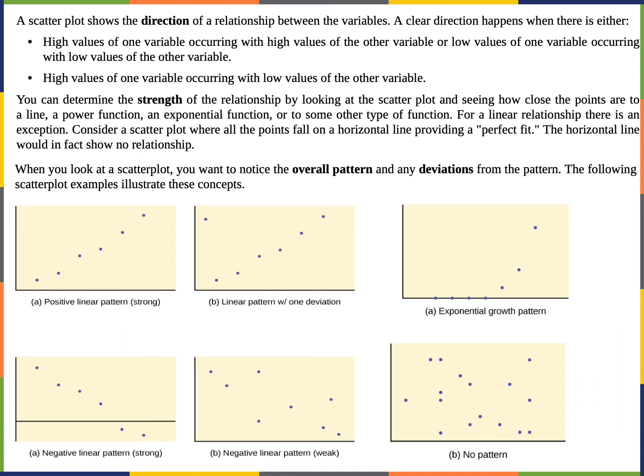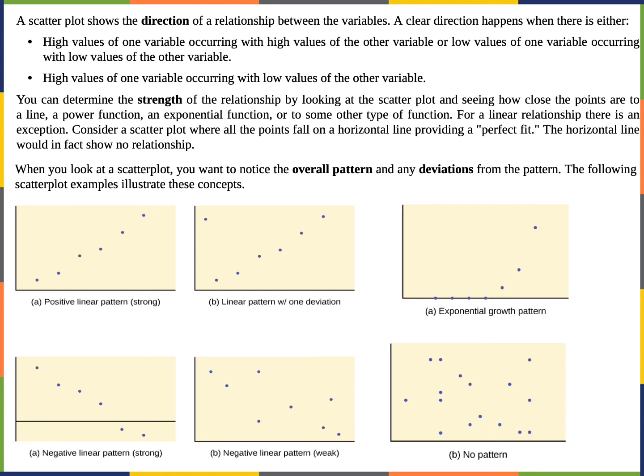Now, we can determine the strength of a relationship by looking at the scatter plot itself and seeing how close the points are to either a line, a power function, an exponential function, or some other type of function. In this chapter, we're focusing mostly on lines, but all this other stuff is possible, and in fact, it's very interesting. I'm looking at this daily, actually.